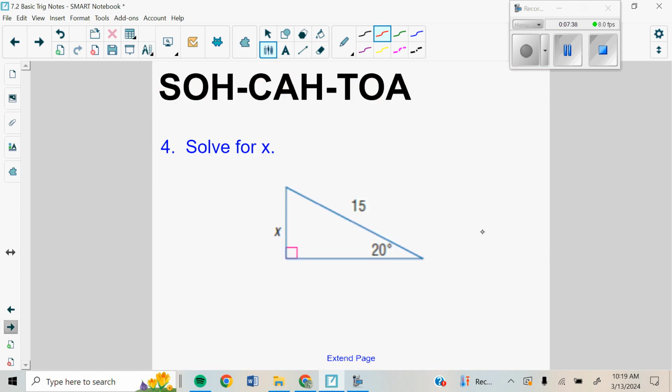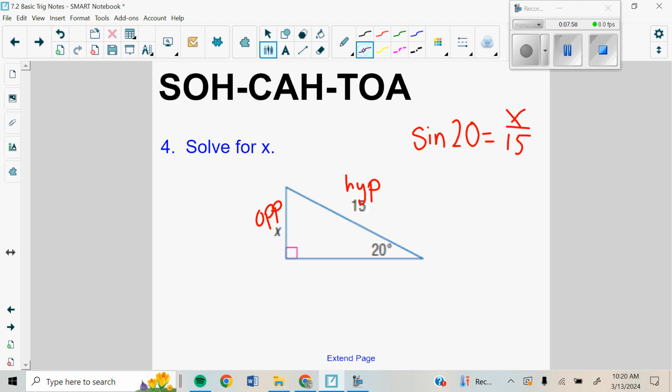All right, so let's go ahead and solve for x here. It says x is my opposite, and 20 is... 15 is my hypotenuse. So looking at your trig functions, opposite and hypotenuse, we are going to use sine of 20 equals my opposite over my hypotenuse. So if my variable is in the numerator, I'm going to times by 15 on both sides.